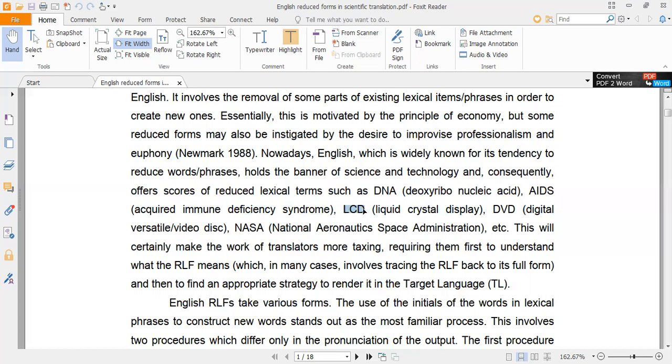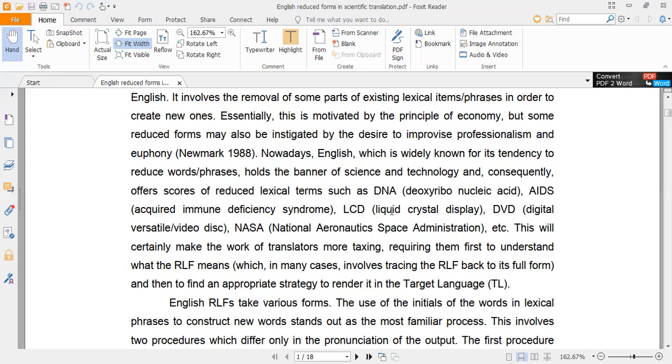It is only three letters, while the original phrase consists of three words. This means reduction. We omit certain parts of the original phrase. We take L from liquid and omit the rest of the word. We take C from crystal and omit the rest of the word. Also, from display we take only D and we delete the other letters.